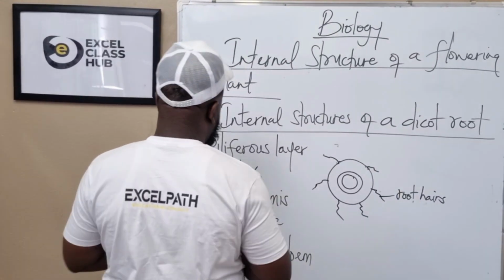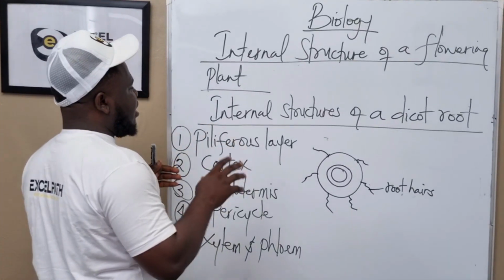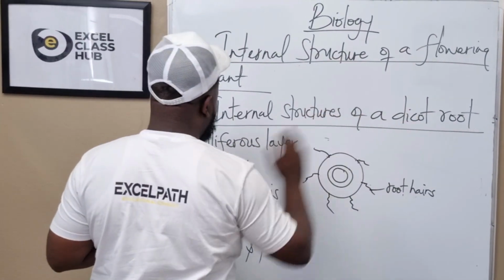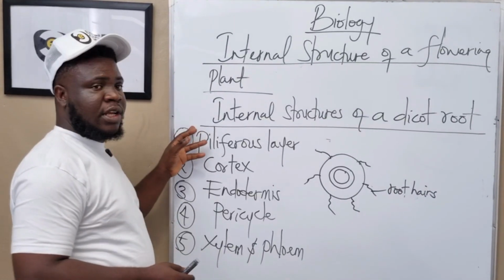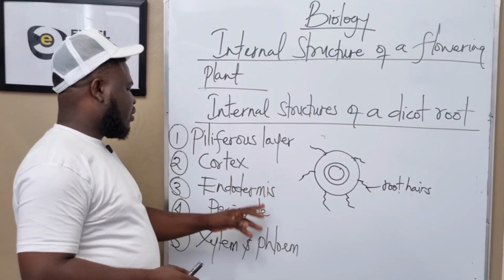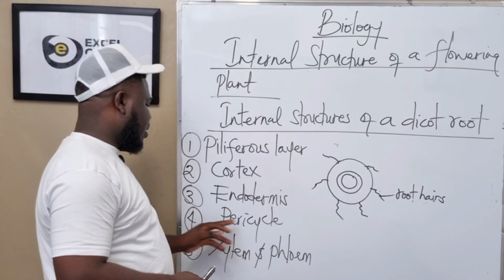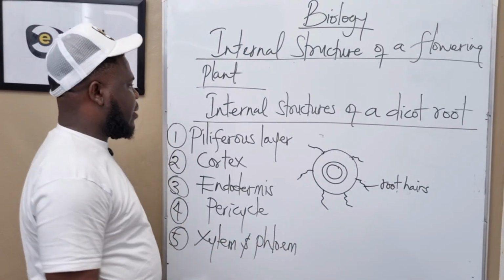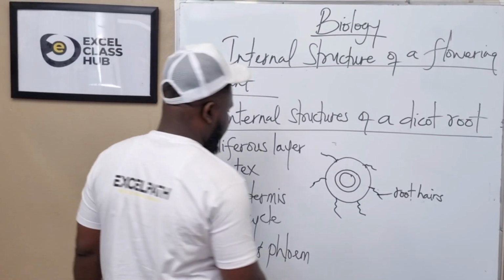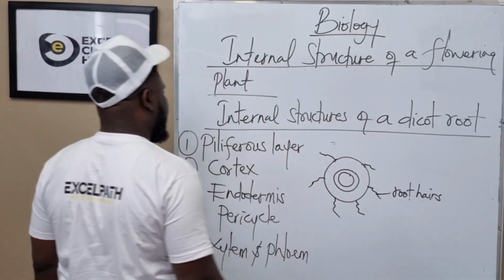So like I was saying, if we examine the internal structures of a dicot root, these are the structures we are going to see. The first one is the piliferous layer, followed by the cortex, followed by the endodermis, followed by the pericycle, and followed by the xylem and the phloem.